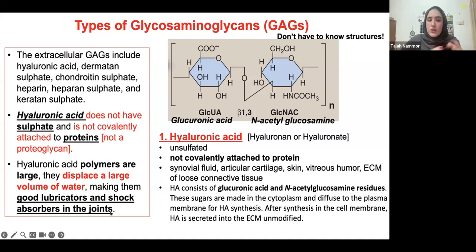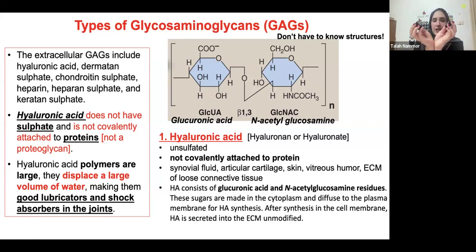So what do we mean by this? Hyaluronic acid is usually found in the joints, like in the synovial fluid. Because they displace a large volume of water, they displace the water but prevent it from compressing. They're going to be there, so they're good lubricators, okay? They're going to lubricate, and they're good shock absorbers.